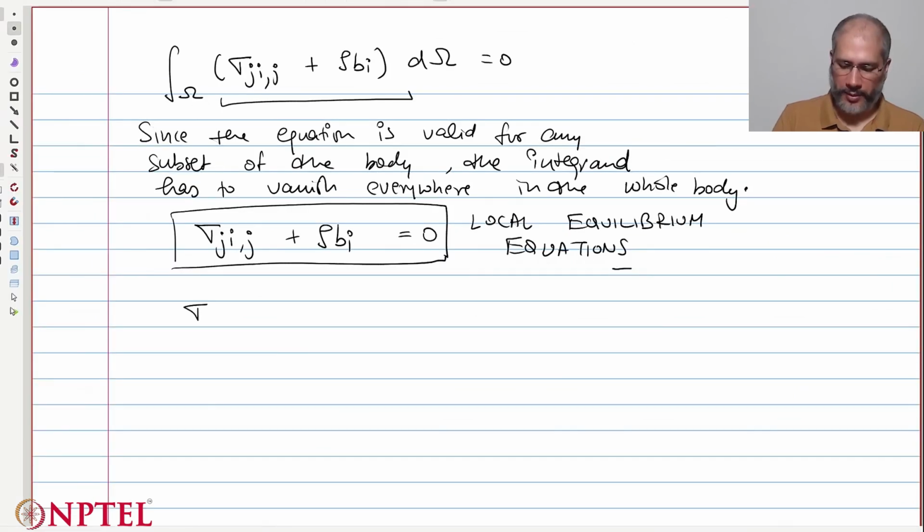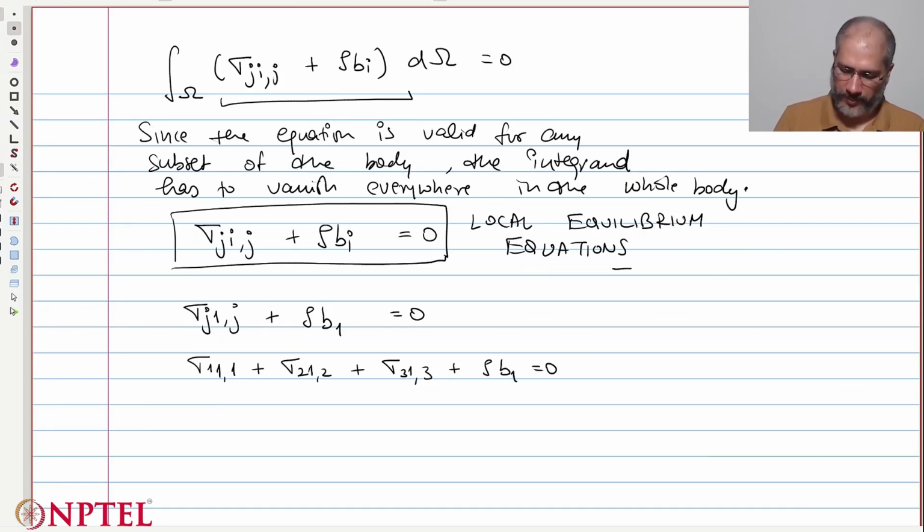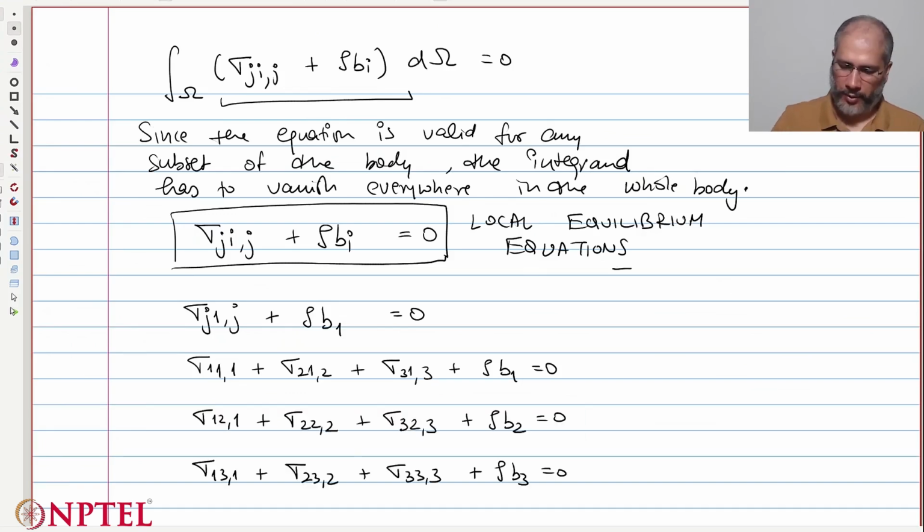There's one for, well, I can write it as sigma j1 comma j plus rho b1 equal to 0, which actually can be expanded to plus rho b1 equal to 0, and I'll write the other two as well. So this local equilibrium equation represents these three force balance equations.